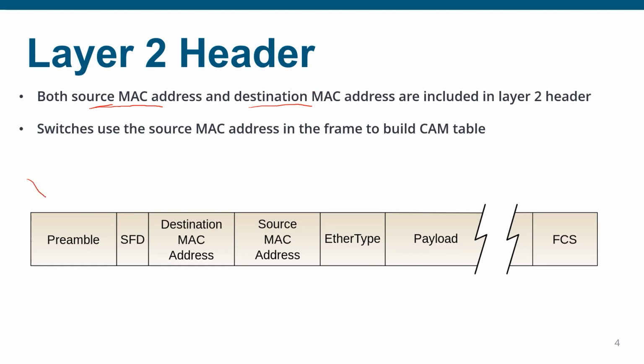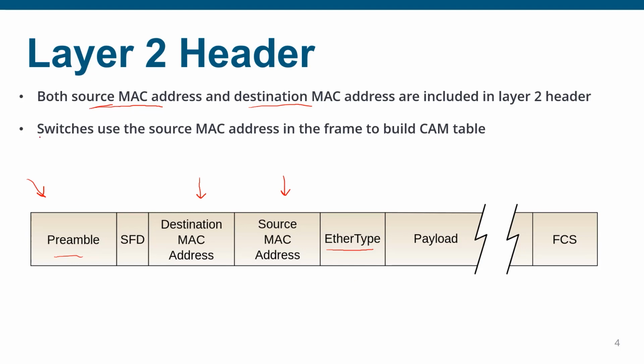Here we have a diagram showing our Layer 2 header. We have some preamble information here, but primarily I want to look at the destination and the source MAC address. We also have the EtherType, which tells us what type of payload, what type of frame, we have here.